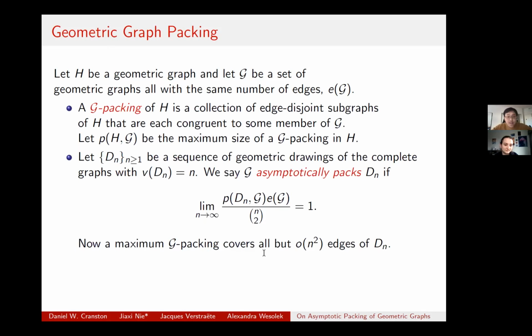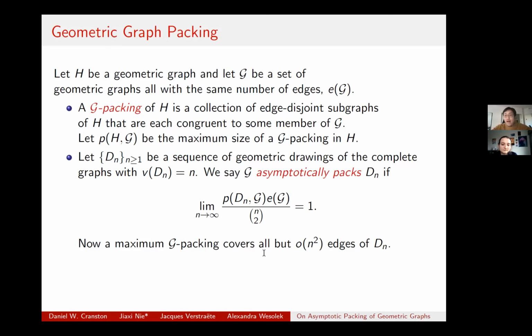We let Dn be a sequence of geometric drawings of a complete graph. Then we say G asymptotically packs Dn if it satisfies these equations, which is similar to before. It basically means that there is a maximum G packing that covers all but little o of n squared edges of Dn.